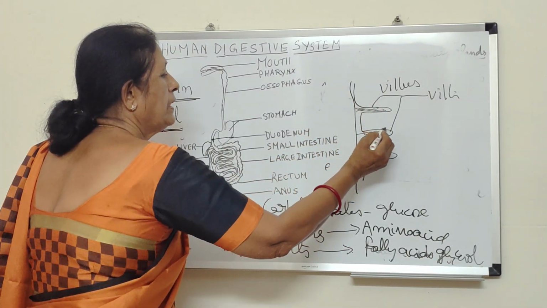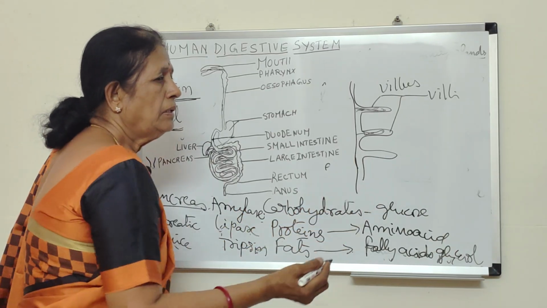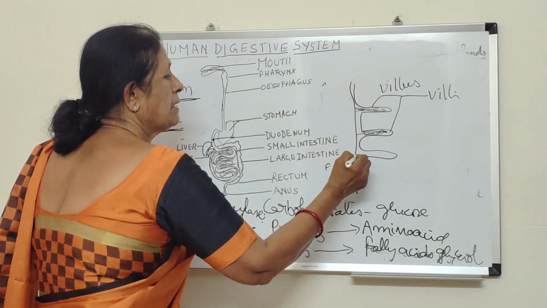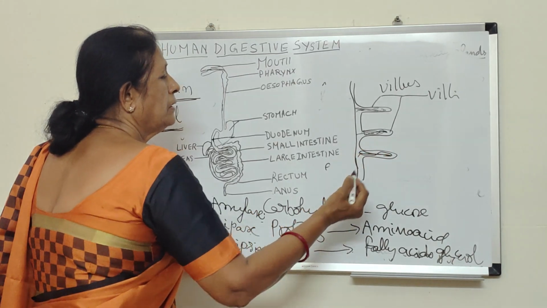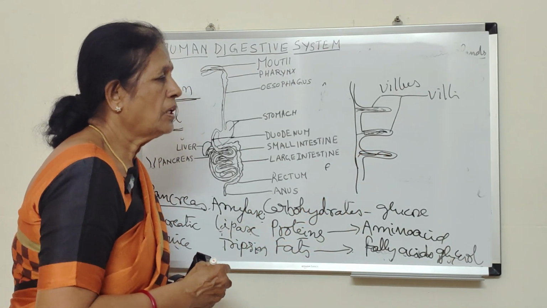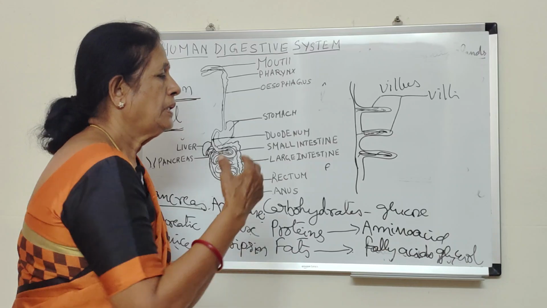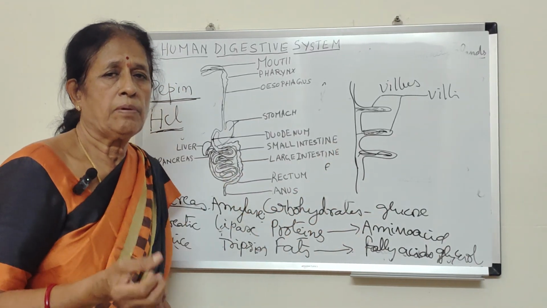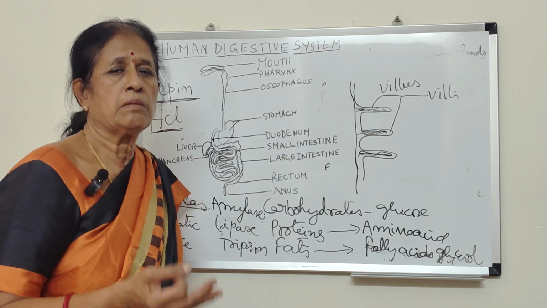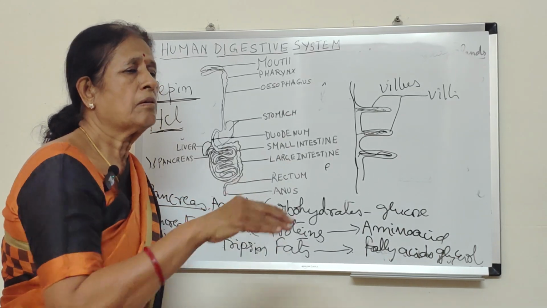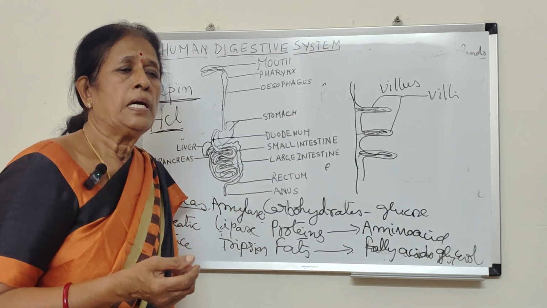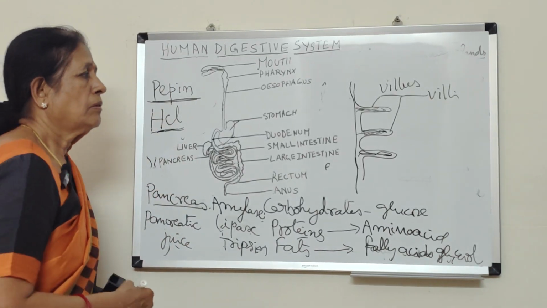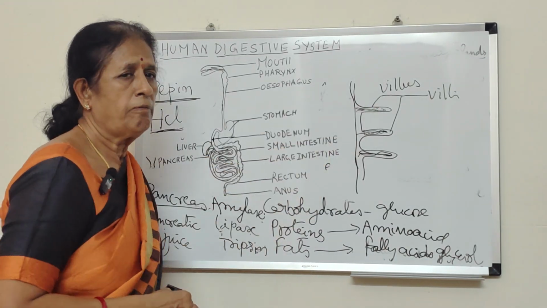The villi are richly supplied with blood vessels, and these blood vessels absorb the end products, glucose, amino acids, fatty acids, which are circulated in the circulatory system and supplied to all the cells in the body. That is the function of villi.